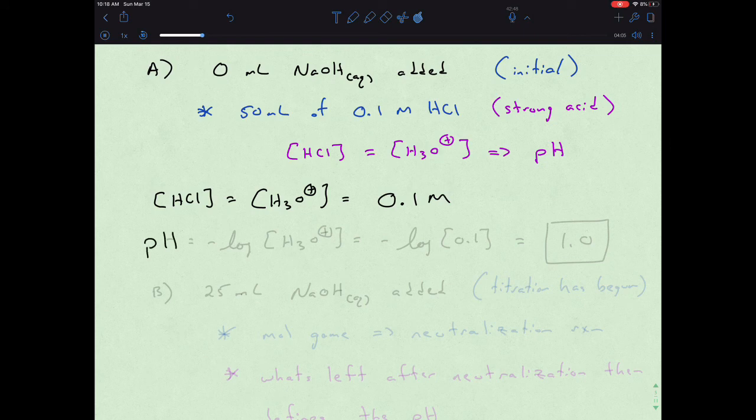And our pH, being the negative log of the hydronium, would be the negative log of 0.1, or we get a pH of 1.0 for the initial.